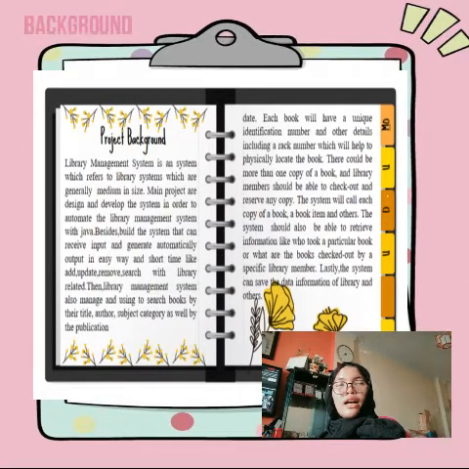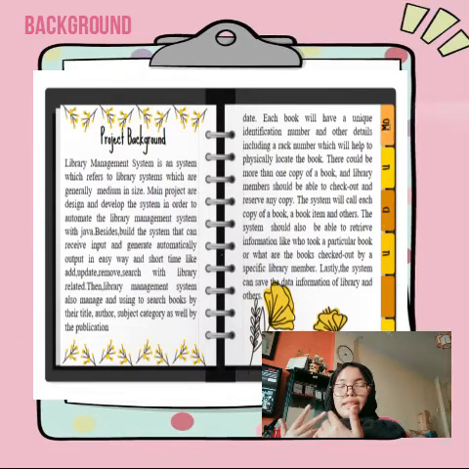So it was hard for them and it required a lot of energy. So we created this system which allows them to remove, search, add, and update the books in a library. So it is easy for them to handle all the work in a library.